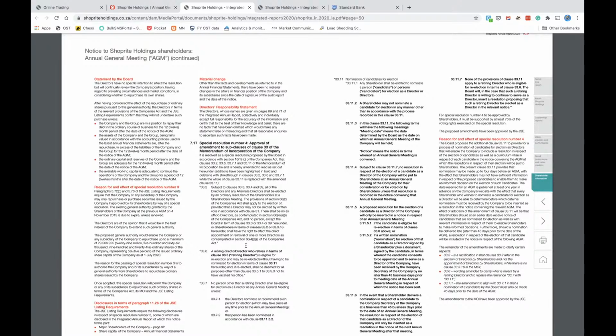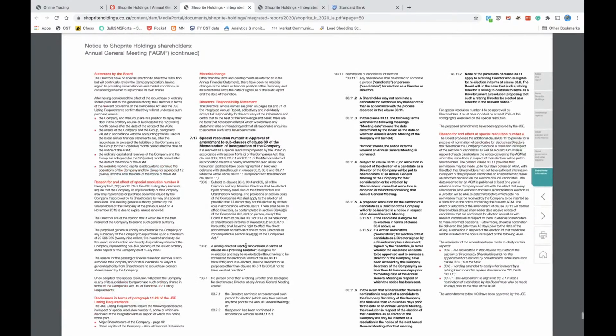And what is 33.5? They don't tell us. They are being a little bit obtuse here, not massively so. In essence, they're looking to change the subclause of 33.